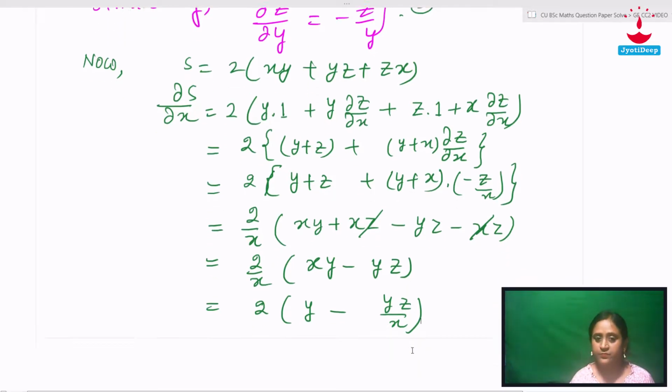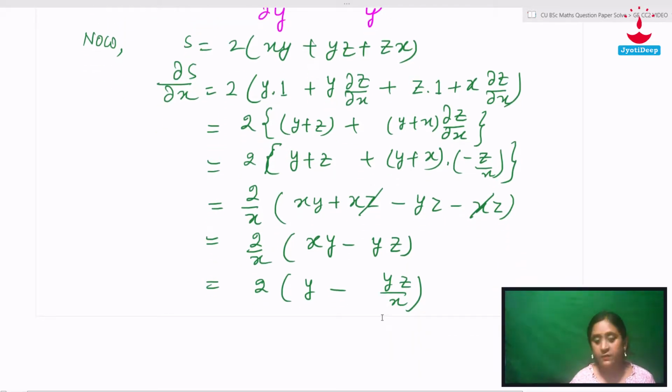Now we are going to find out del 2s by del x square. This is equal to 2 into, again we are differentiating it with respect to x, and here it is y, so it will be 0, minus y, we are taking it as constant, yz.